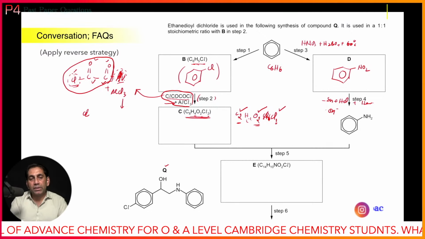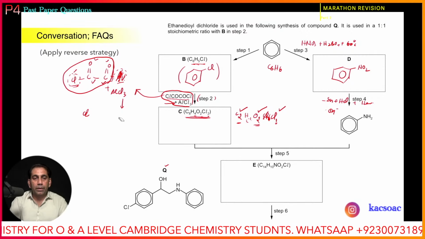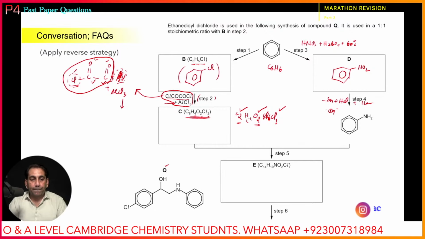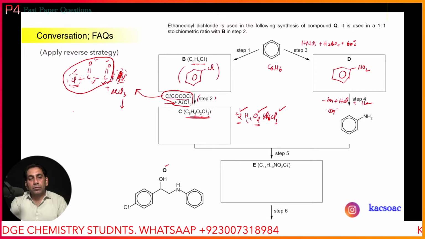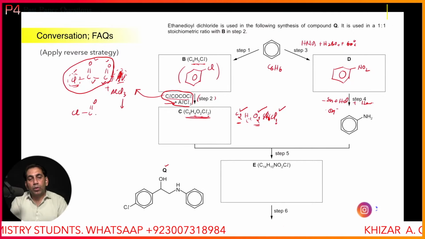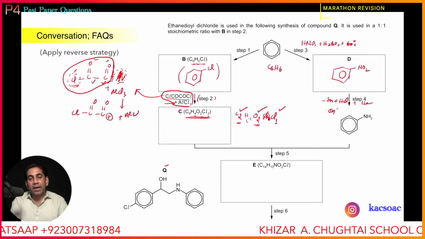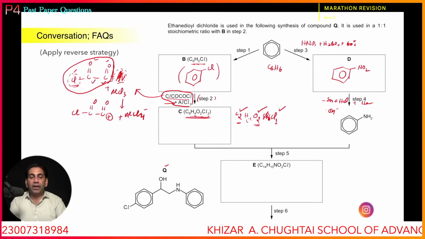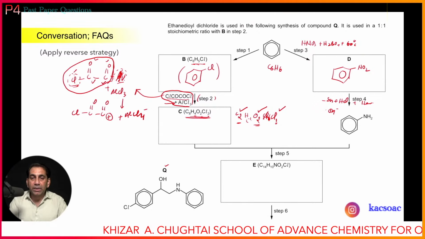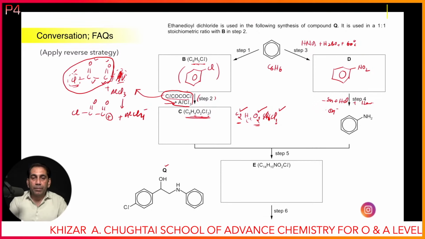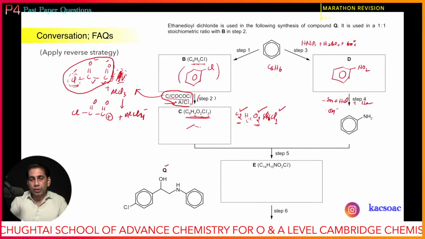What is this AlCl3 doing over here? Let's see over here. Cl, C double bond O, positive charge, plus AlCl4 negative is supposed to be formed. So it will react with B, this benzene ring, and it will make this C compound. So what is the possible structure?